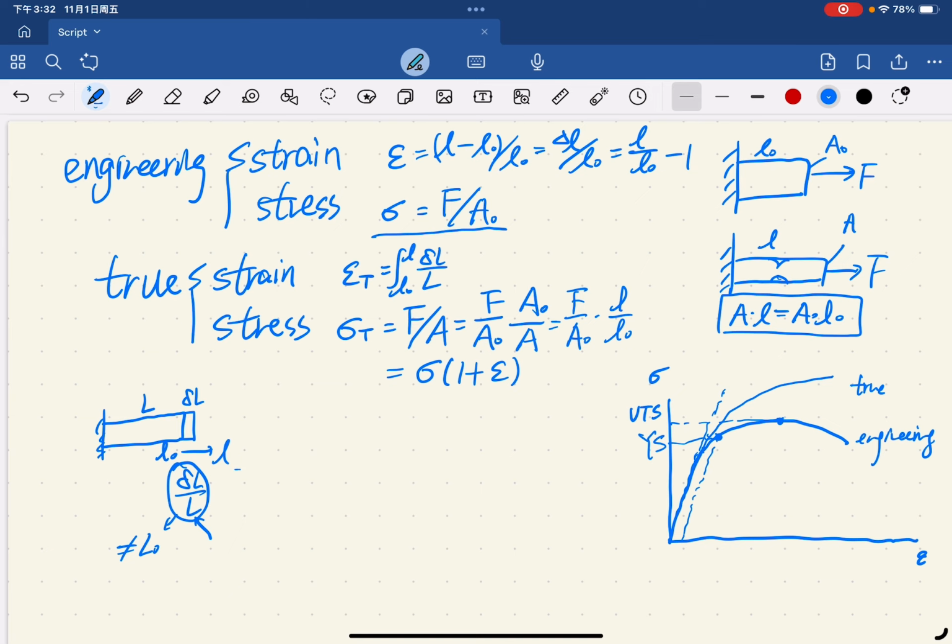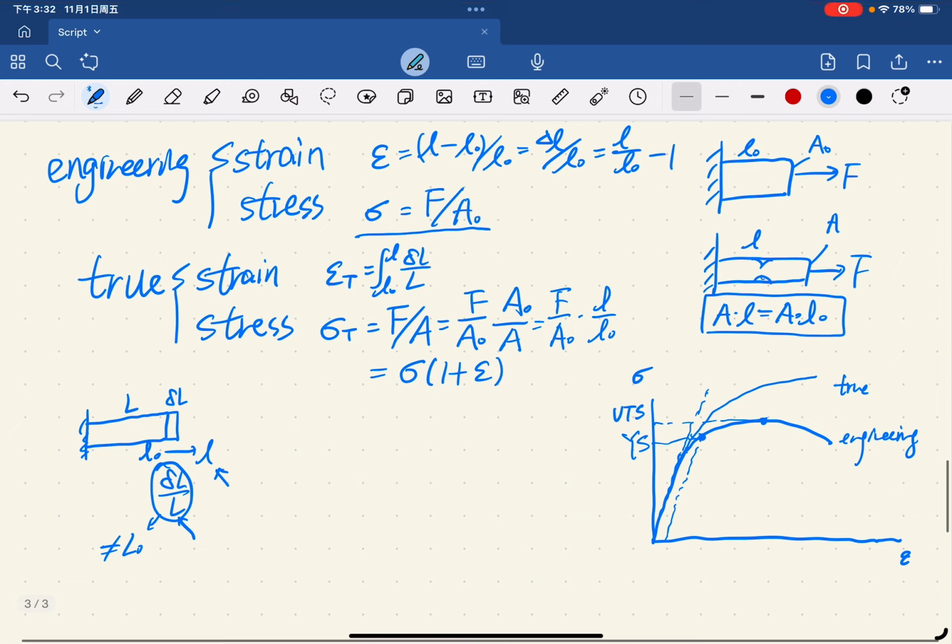It has a different physical and mathematical meaning from this L, which is the final length.